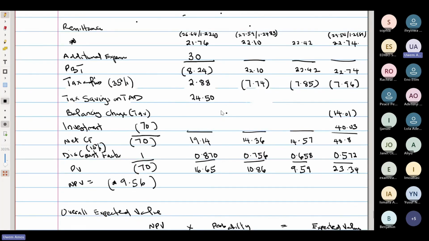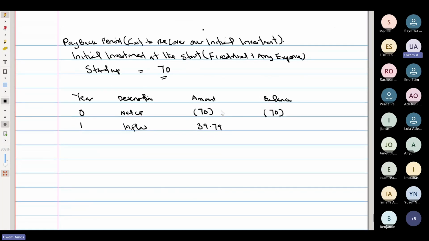So that means that out of our 70 million, we have gotten 39.79 at the end of year one. So what do we have left to recover? 30.21. Thank you, 30.21. That's what we have to recover.